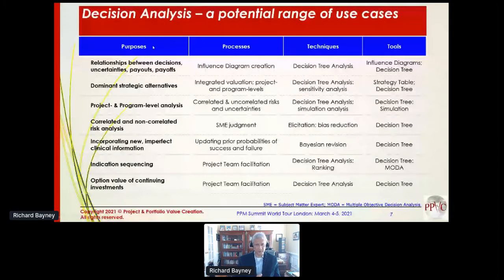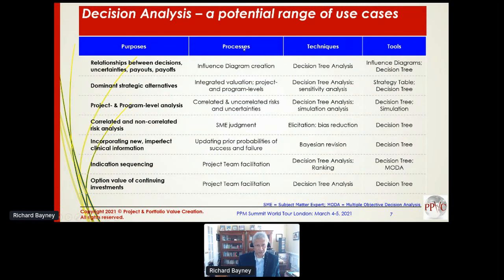Starting with the relationships between decisions, uncertainties, payouts, and payoffs, looking for dominant strategic alternatives and the basis of risk-adjusted net present value, project and program level analysis, correlated and non-correlated risk analysis, the incorporation of new imperfect clinical information such as proof of concept studies. Many of us are engaged in indication sequencing, that is, which disease do we target first, second, or third, and not surprisingly, the option value of making continued investments.